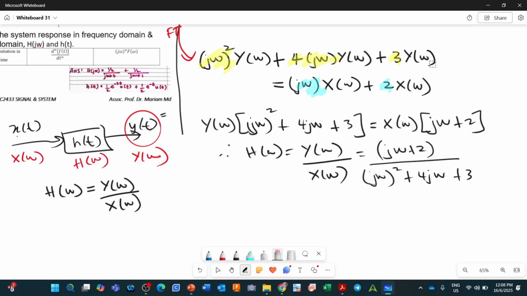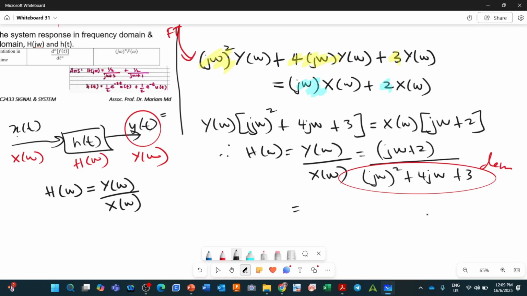As you know, for Fourier transform, in the previous example, to get the answer in terms of the time domain, you need to do partial fraction, right? So what you need to do is factor out the denominator down here. Write it again in terms of J omega plus a value.